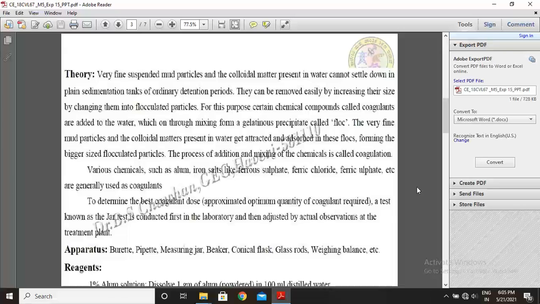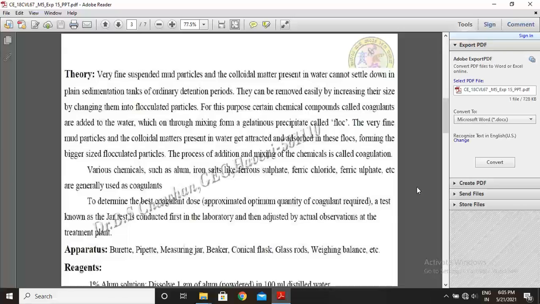The very fine mud particles and the colloidal matters present in water get attracted and absorbed in these flocs, forming bigger sized flocculated particles. The process of addition and mixing of the chemicals is called coagulation.